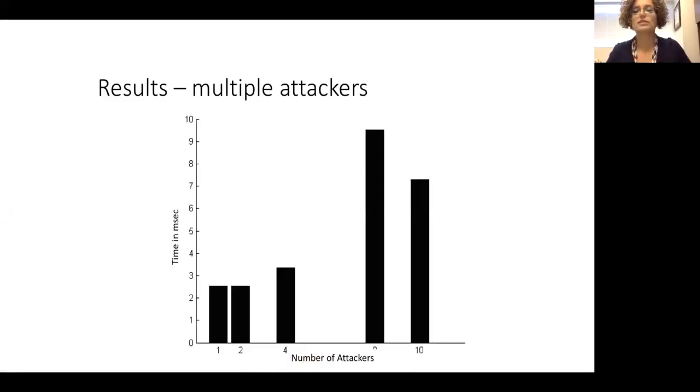So the results were interesting when we were running this and increasing the number of attackers with the larger topology that I showed you. There was a standard increase in the delay for our detection and mitigation time, a few milliseconds.